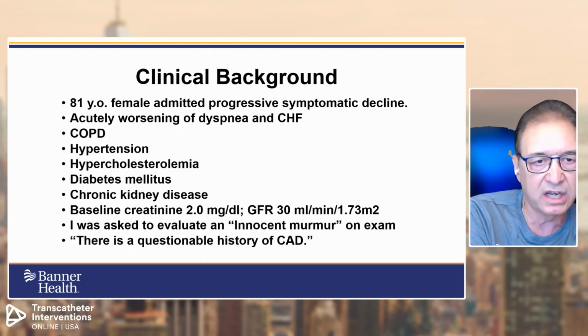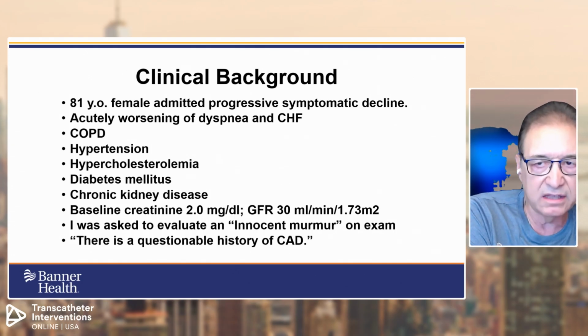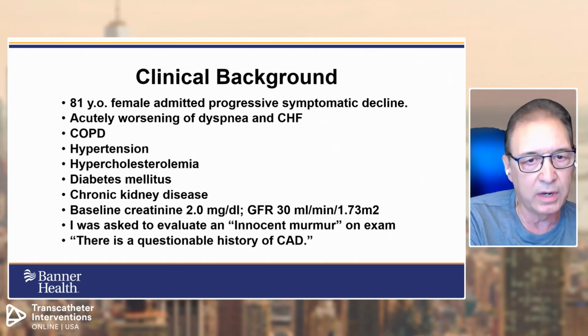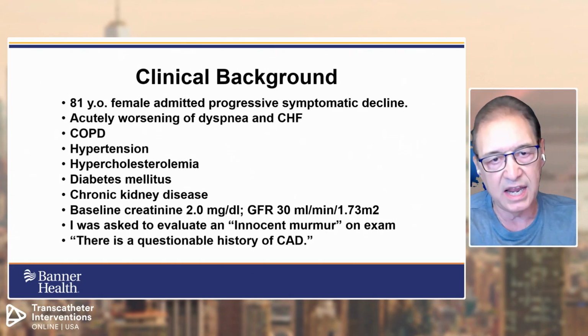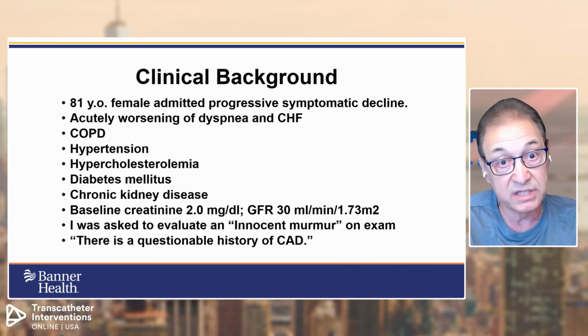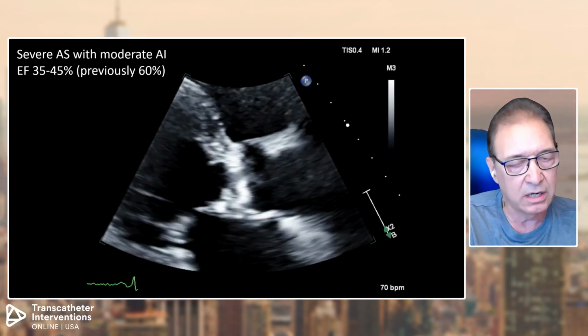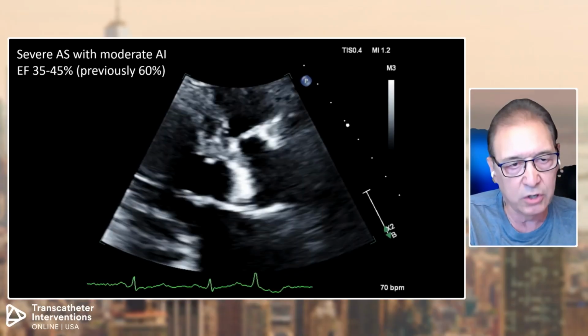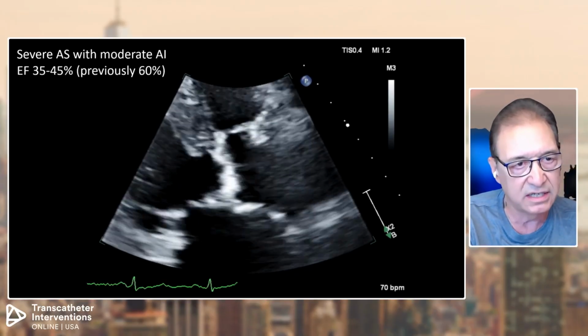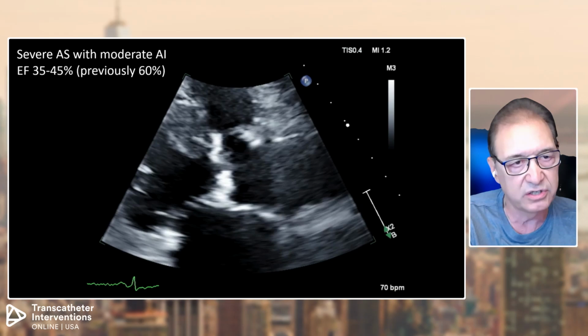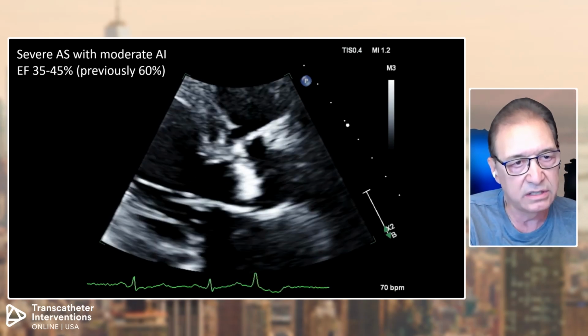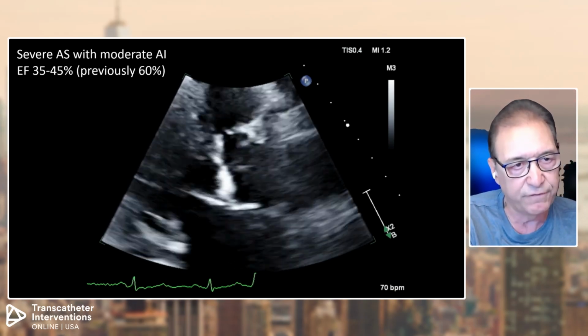And on detailed questioning, it was very clear that this was not just simply a case of valvular heart disease, but also a case in which she had symptoms of progressive angina. You can see by echocardiography, no question, she has severe aortic stenosis. What we also saw in echocardiography is at least moderate severity aortic insufficiency.